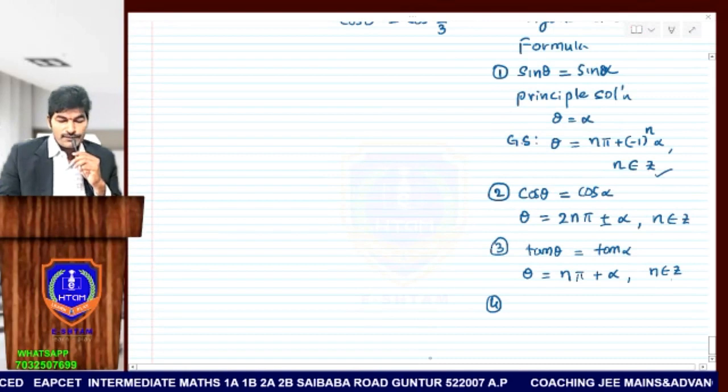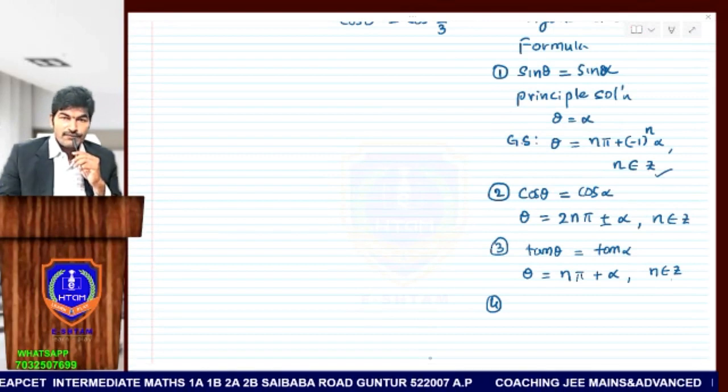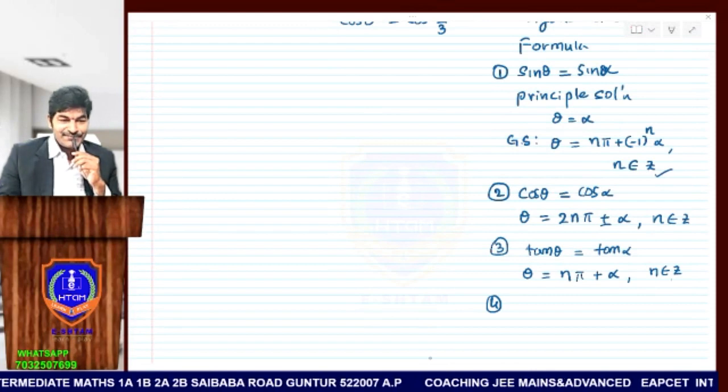And also, sometimes the question will consist of squares. Don't ask me, if it was in cubes, what is the solution? Mostly the trigonometric equations will have square terms in such cases.